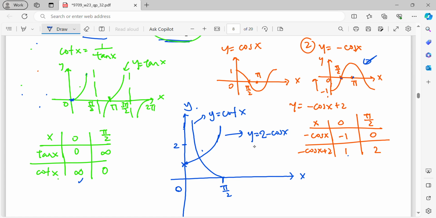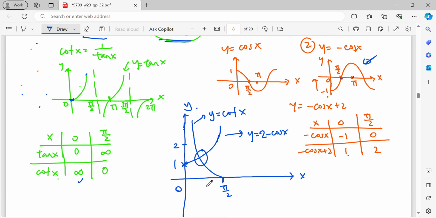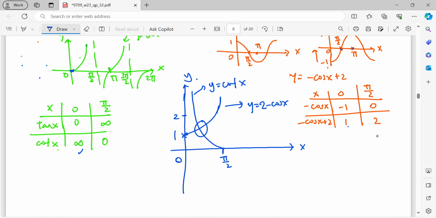Then obviously, there's only one intersection point. Only the blue color is the actual graph. The rest of them will be the working. That's why I show you step by step here. So from here, you can just write from the graphs: there's only one intersection point.